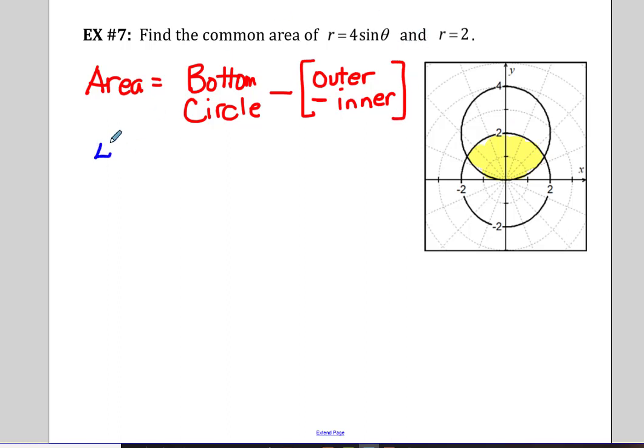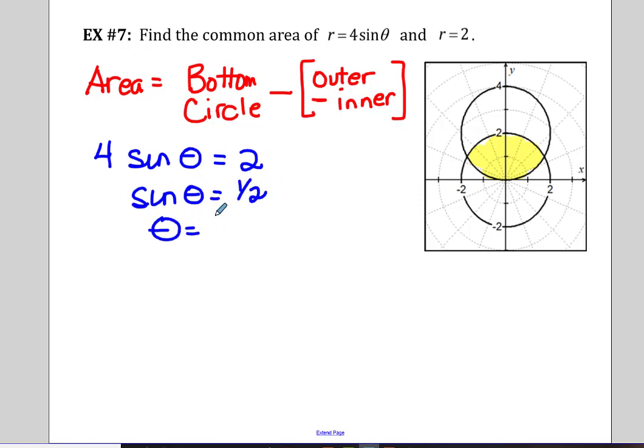Again, I need the intersection points for where 4 sine theta equals 2, or where sine of theta is 1/2. Again, you see those intersection points being pi over 6 and 5 pi over 6. So there's that first one, and there's the second one. In this case, we're having the entire outer circle. So that's the r equals 2. That's this one.